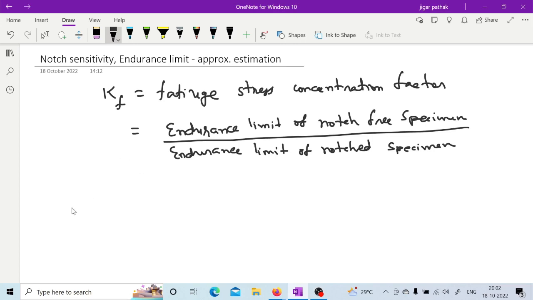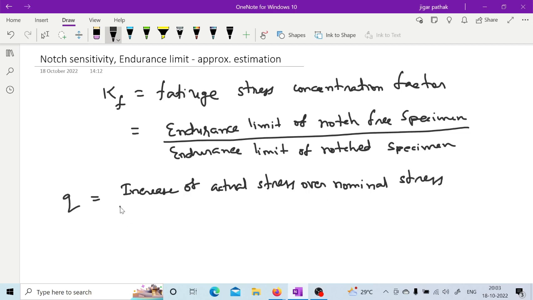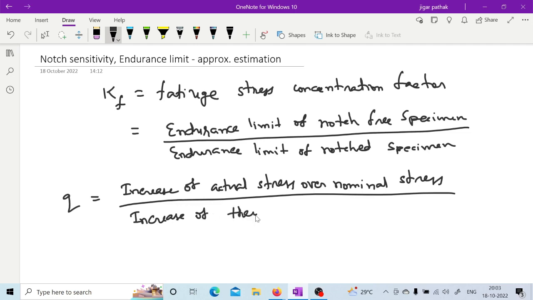It is defined as the increase of actual stress over nominal stress, divided by the increase of theoretical stress over nominal stress.